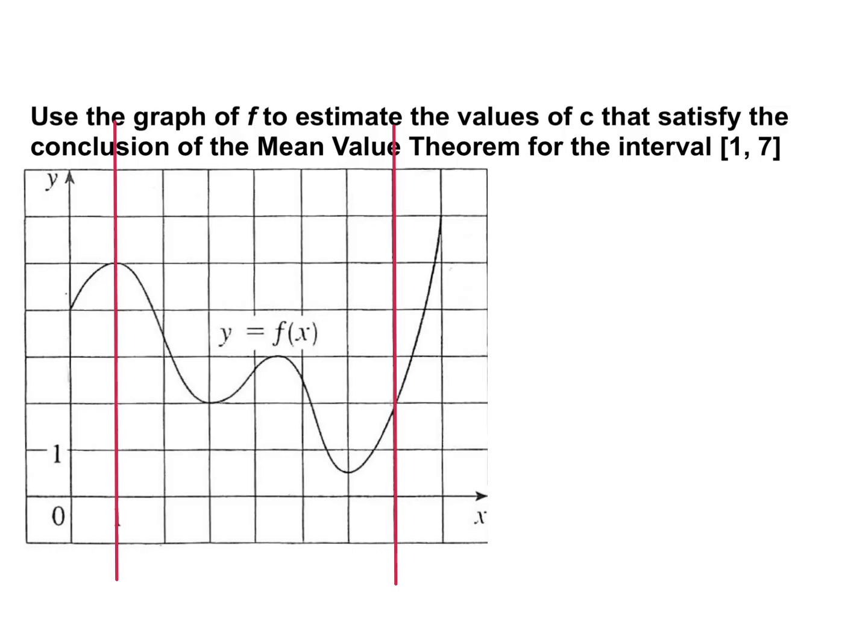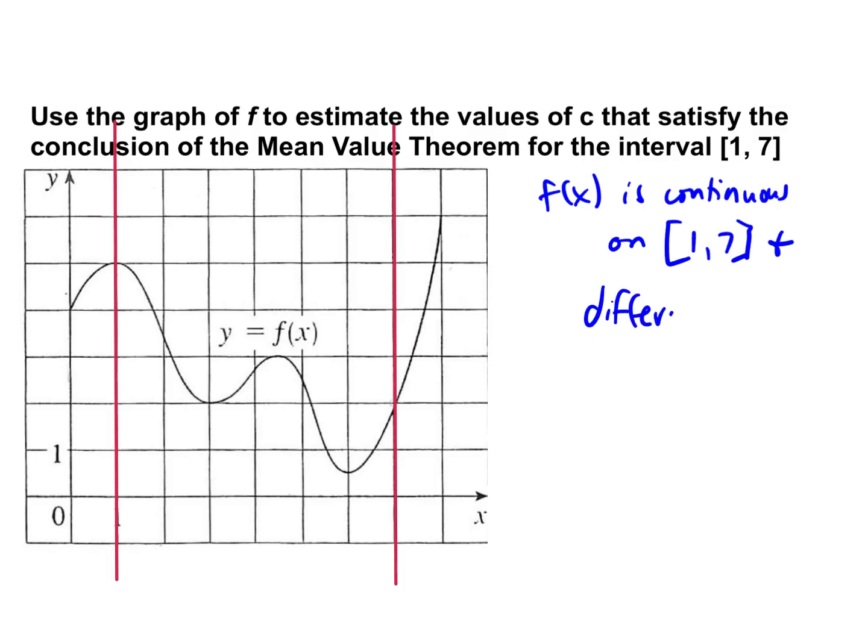Is it continuous on that interval? Yep. Is it differentiable on that interval? Yes. How do you know? No sharp turns. Okay. So then we could also say, and differentiable.